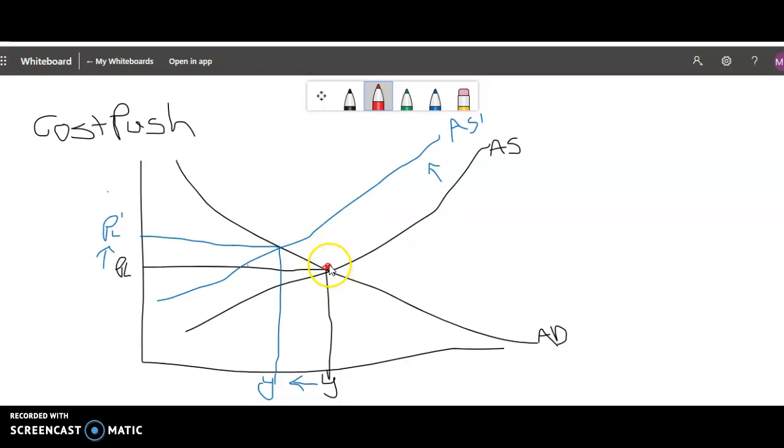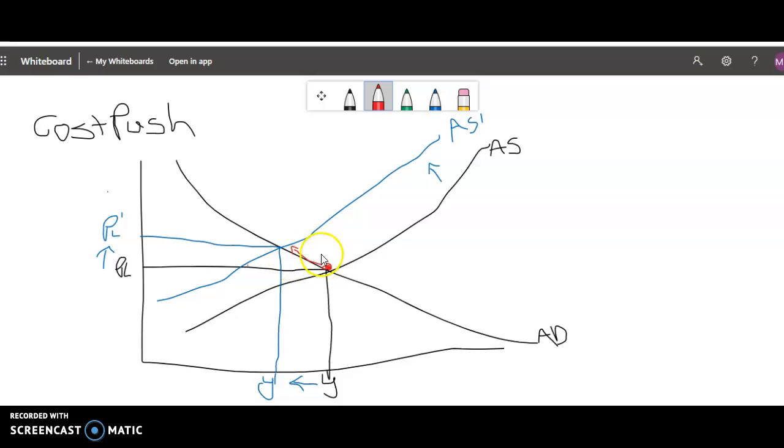All right, so we have a movement up the AD curve, in response to that less production as spending decreases, as prices rise to ration those scarce resources.